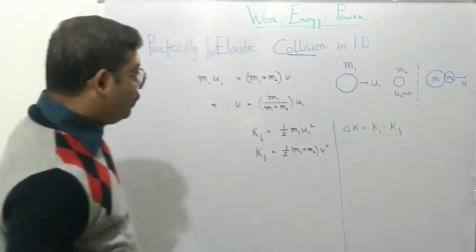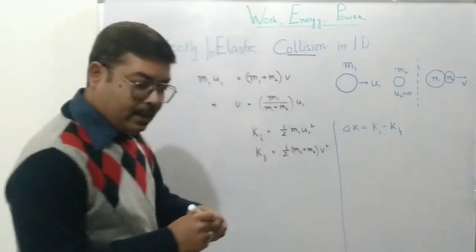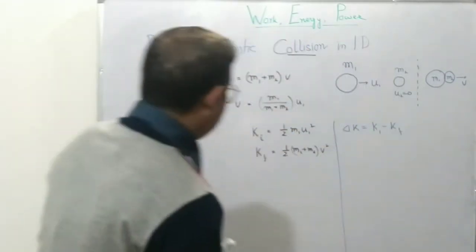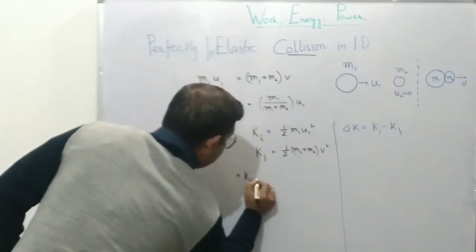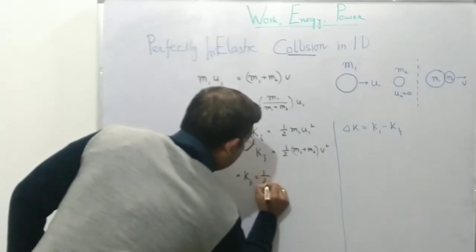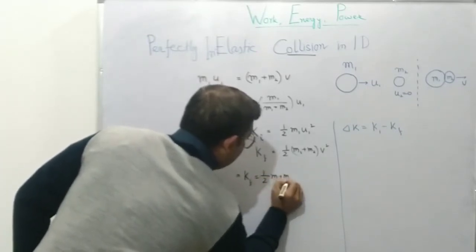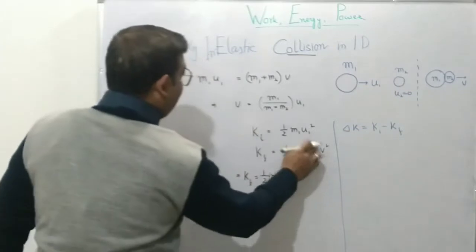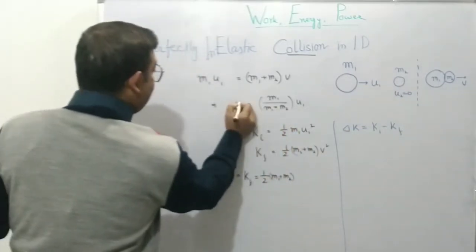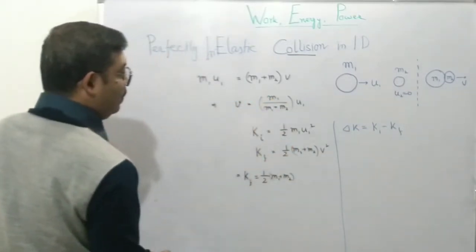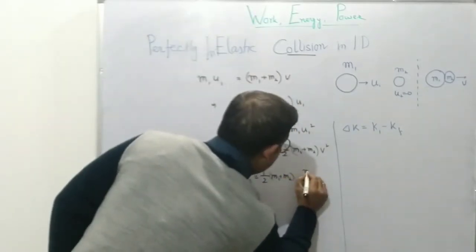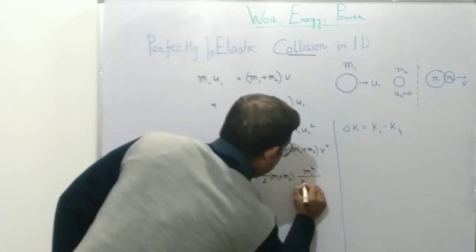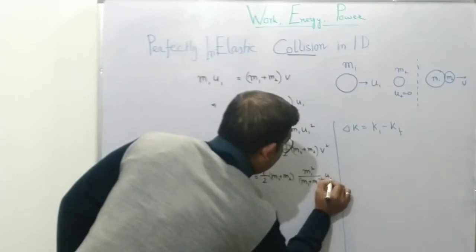Now to find this, first let's find out the final kinetic energy, which is half m1 plus m2 times v squared. Now v is given by this expression, v is equal to m1 by m1 plus m2 into u1. So we substitute this value, and we get m1 square by m1 plus m2 whole square into u1 square.